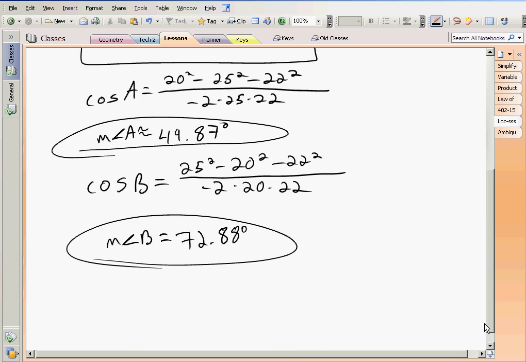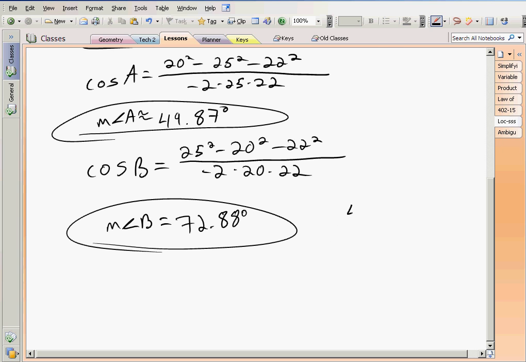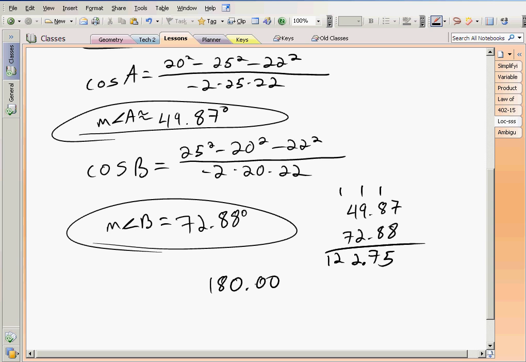And I guess I'll add them up. Instead of using law of cosines again, I'll add those together and subtract from 180. So those add up to 122.75, and I want to subtract that from 180.